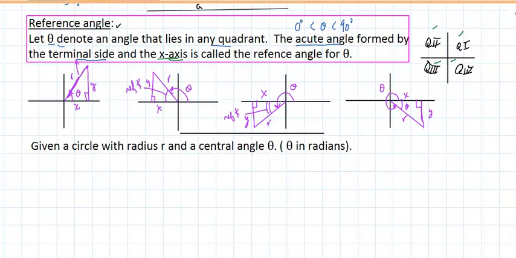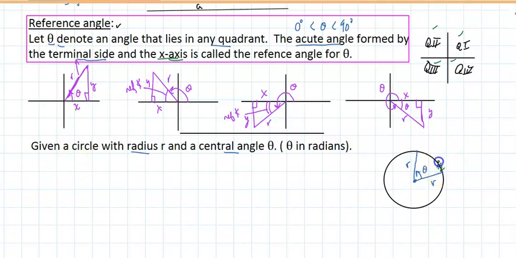Given a circle, if I happen to have a circle with radius r and a central angle. What's a central angle? It's an angle that's centered at the origin or at the center of the circle. This is r. If I rotate some angle theta, this is also r. So two things that I need to remember.